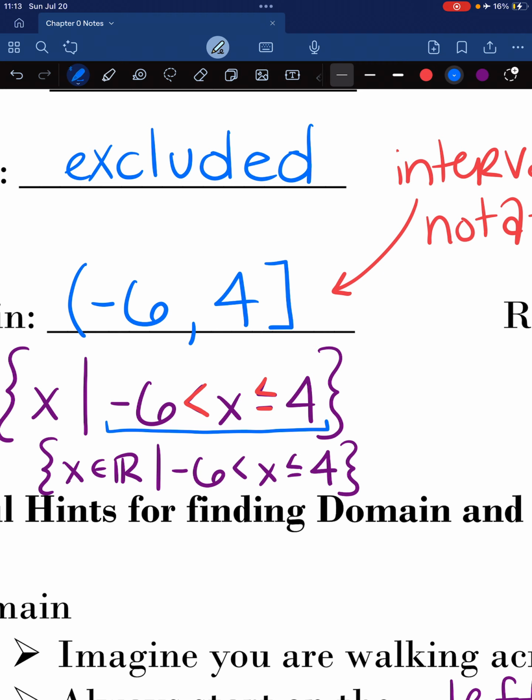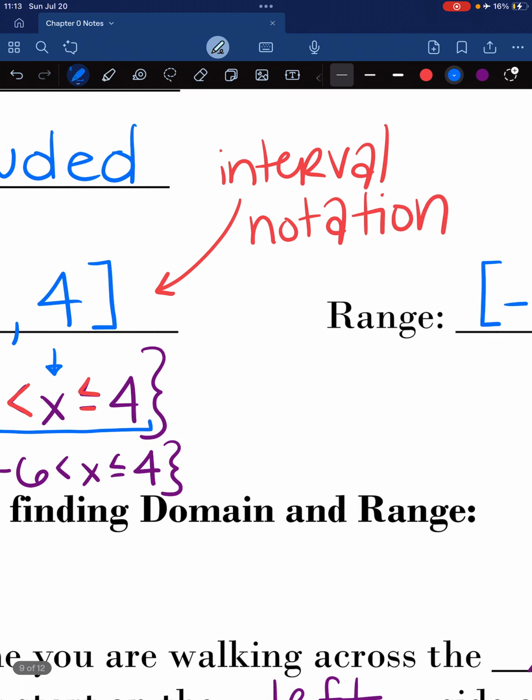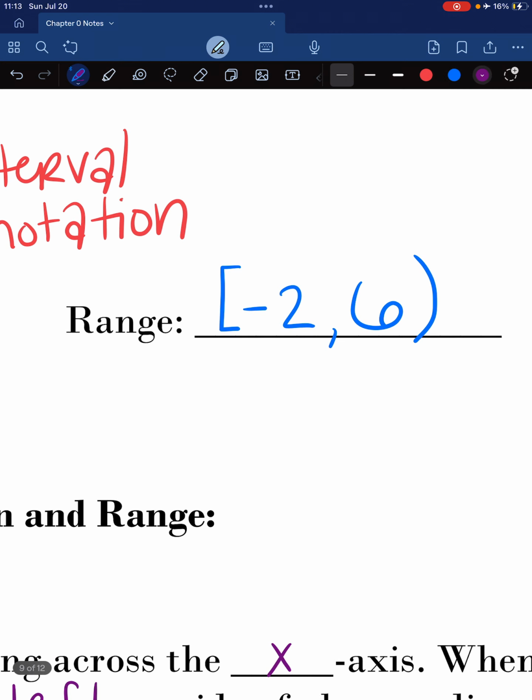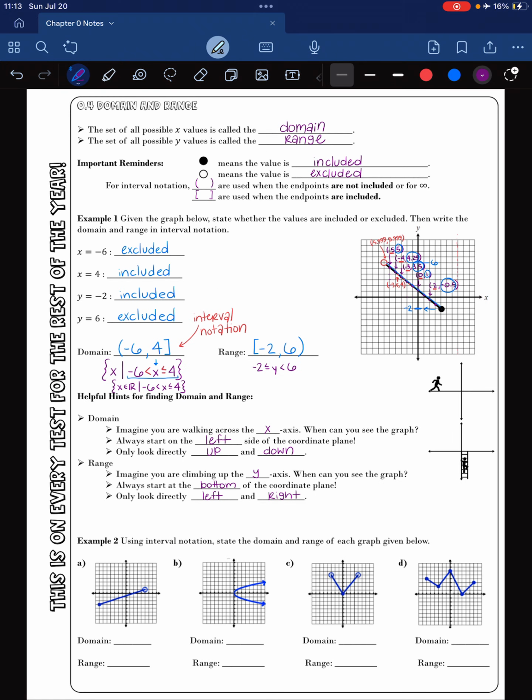But if you just do the inequality, you need to make sure that you're using the correct variable in between, right? Domain is always x. And for range, let's do it that lazy way, which is okay some of the time. That range is going to be between -2 and +6, and making sure you use those correct inequalities there.